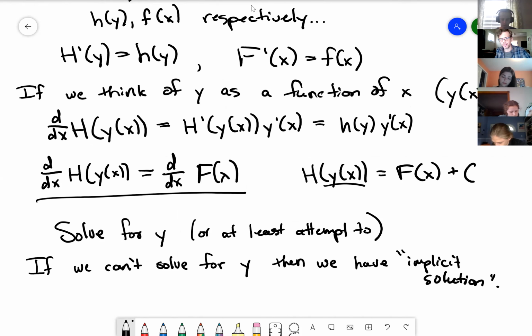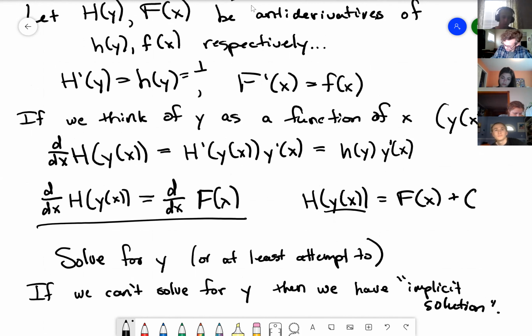Okay. Are there any questions about this general idea? So what we've done is we've shown that we can take a separable ODE and we can find at least an implicit solution, sometimes an explicit solution, using this method. All it involved was finding the antiderivative.